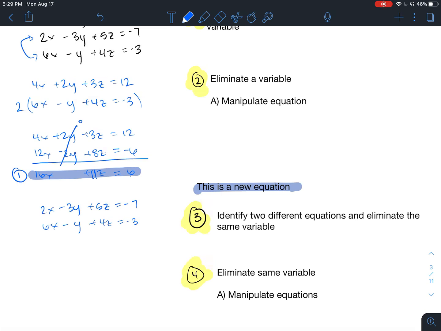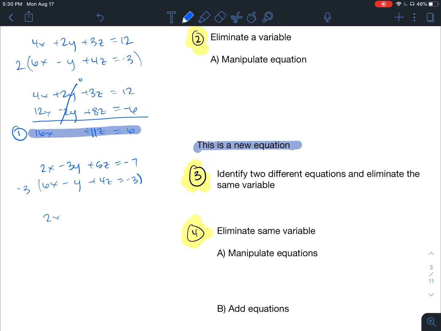All right, now we're going to do the same thing, manipulate and add. So I'm going to multiply this by negative 3, but one thing to remember is that we have to get rid of the same variable that we did for this equation right here. The same exact one, or else this isn't going to work. So we have to eliminate the y again.